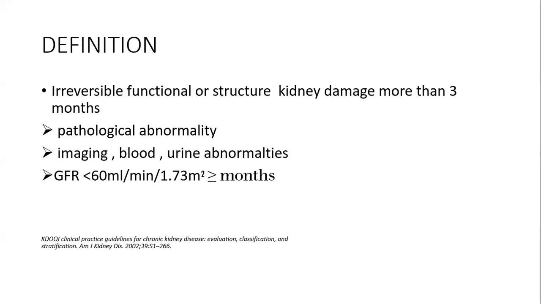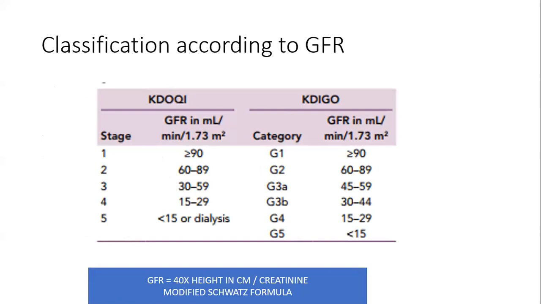So we support combining the clinical features and laboratory findings to confirm the diagnosis. Then we can do staging of chronic kidney disease. We have the Kidney Disease Outcomes Quality Initiative and the Kidney Disease Improving Global Outcomes, which have almost similar classifications.